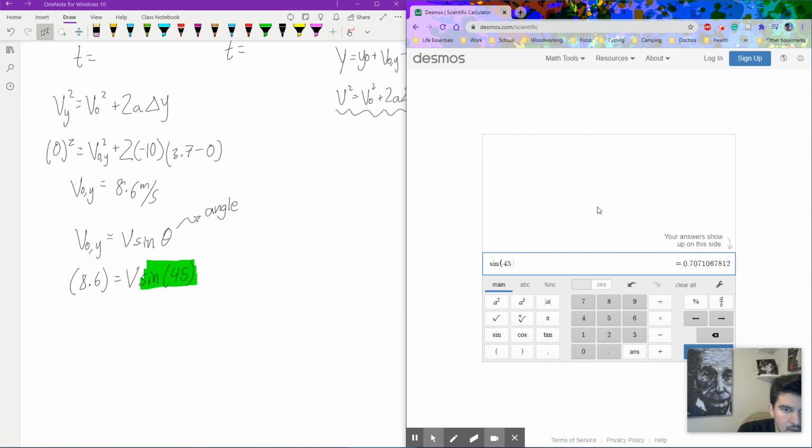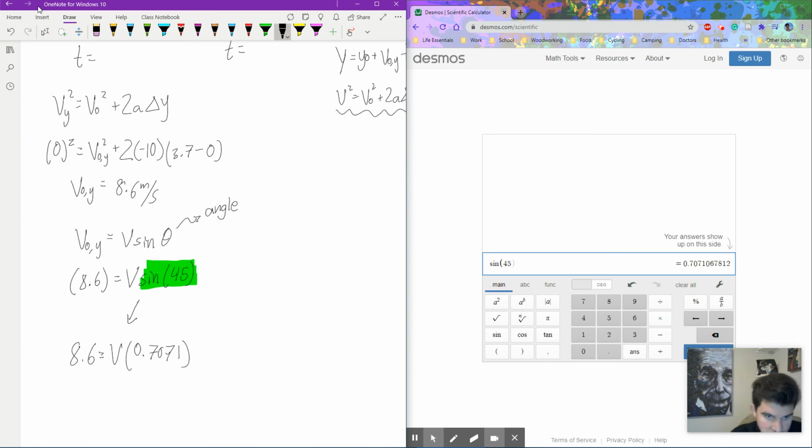Okay. So you could approach this one of two ways. First thing you could do is punch that into your equations. You get 8.6 equals V times 0.7071. I'll go ahead and round that. And then to solve for V, we're just going to divide both sides.